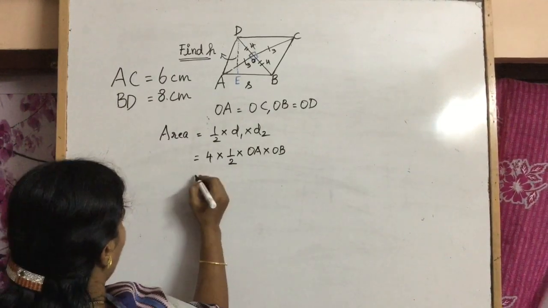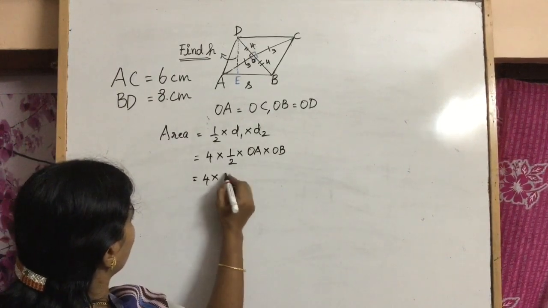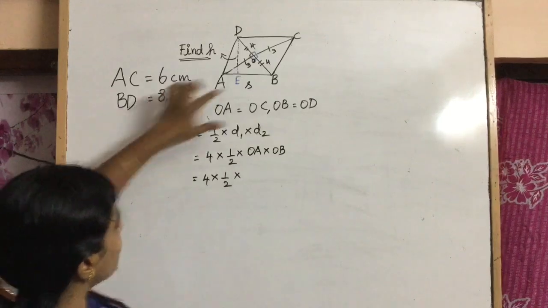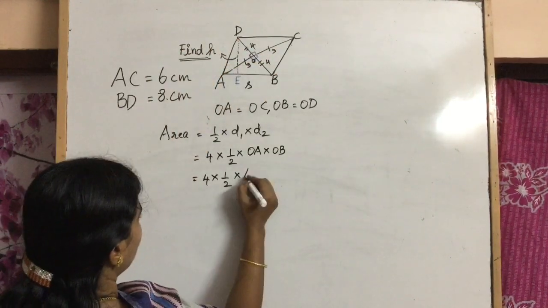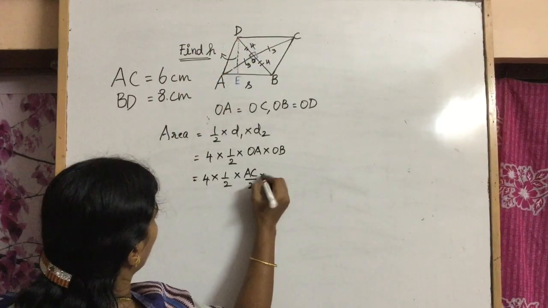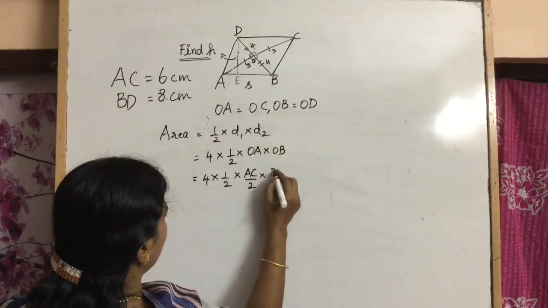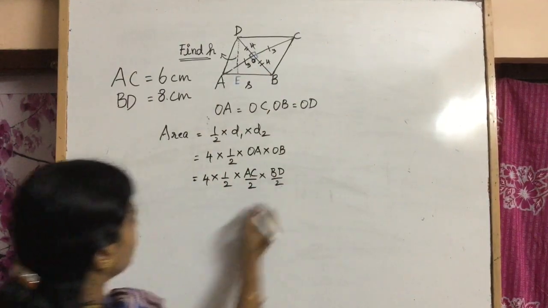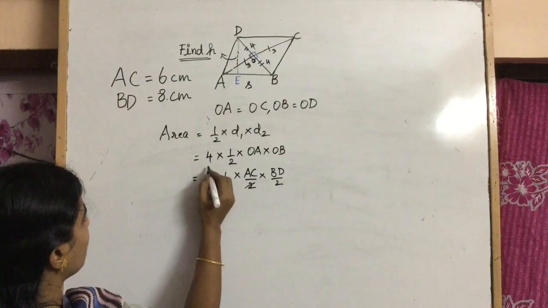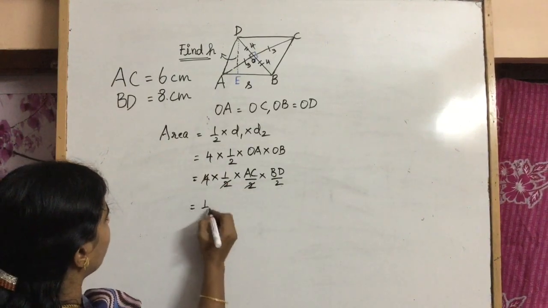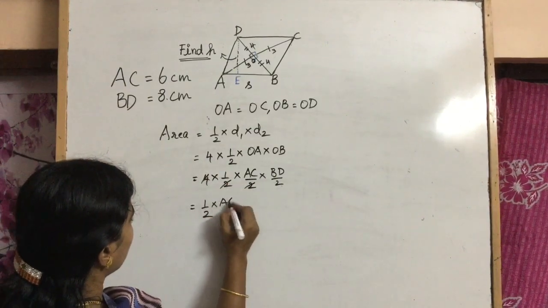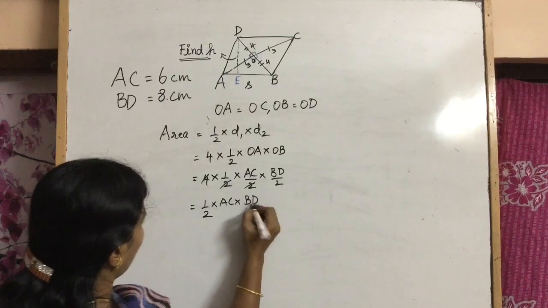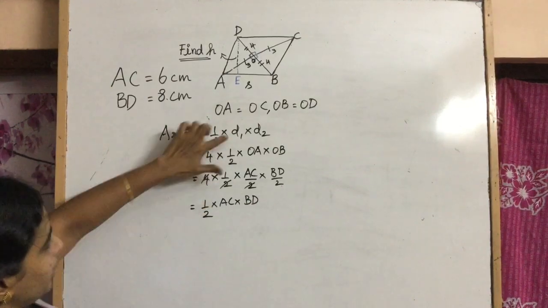This in turn can be written as OA is half the value of AC and OB is half the value of BD. So when we solve this, we get half into AC into BD, and that is the product of the diagonals.